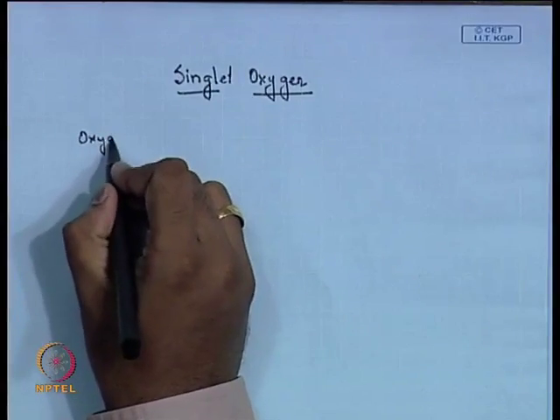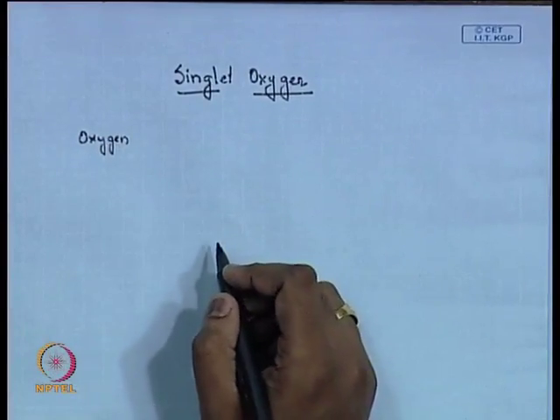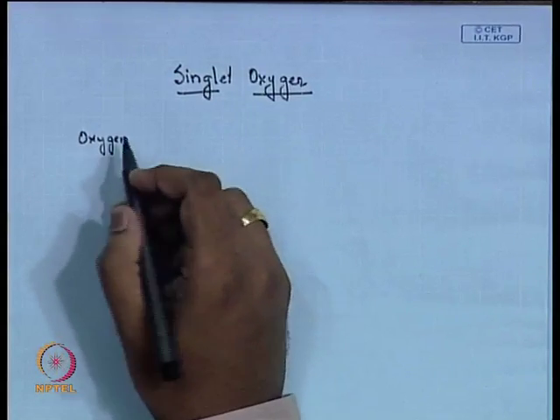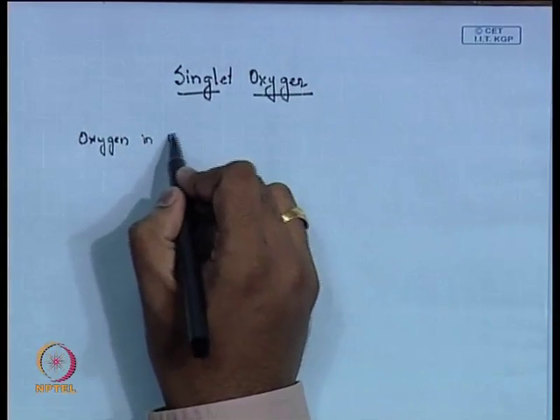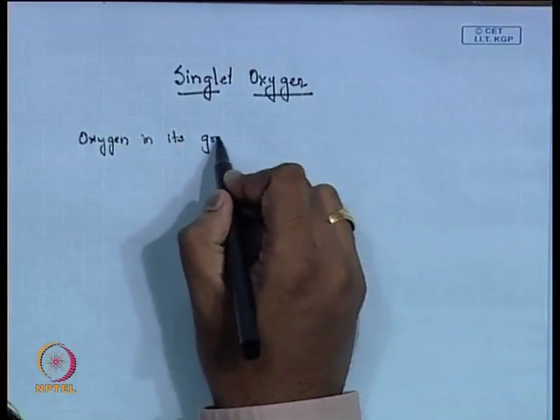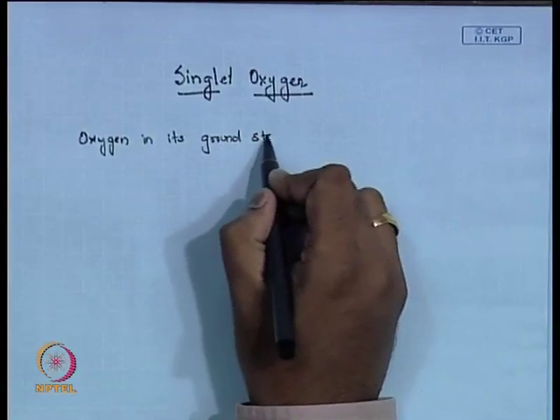So, immediately the reaction goes off. It quenches your whole process, because oxygen is in the triplet state. I ask this question most of the time in the viva: what state is oxygen in? Oxygen in its ground state is, I think, one of the main molecules which exists in the triplet in the ground state.